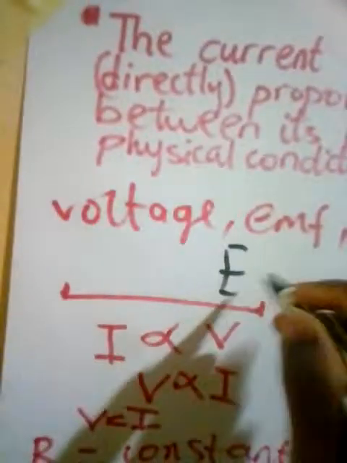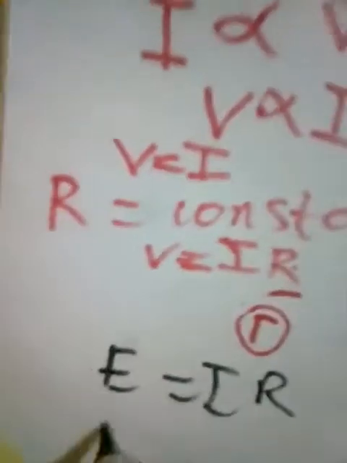If you notice, I've been using V throughout, but when I talked about potential difference, I told you that the EMF is the sum of the total potential difference. So it's alright if you use E, because it's still the sum of the total potential difference. So even having E equal to IR is still the same thing as V equal to IR.